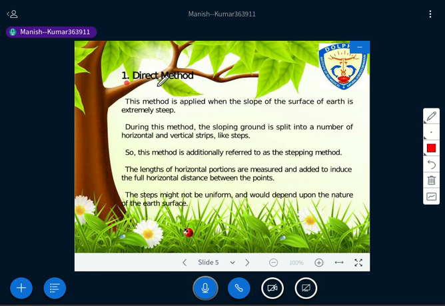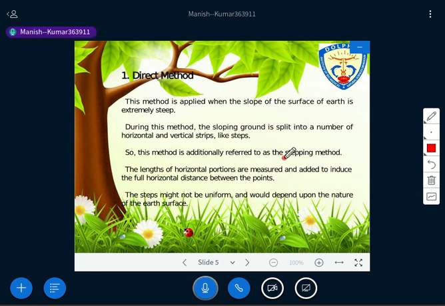There is something we need to understand first, where you can apply it. We can apply this method when the surface of the earth is extremely steep, right? It means that if it is extremely steep, then we can use the direct method.